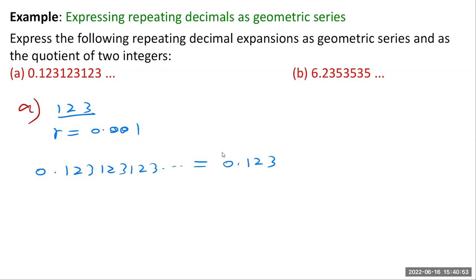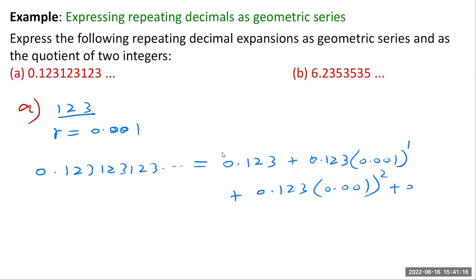Okay, this is going to be equal to, you can check this, plus 0.123 times 0.001 to the power 1, and then plus 0.123 times 0.001 to the power 2, plus 0.123 times 0.001 to the power 3, plus dot, dot, dot.